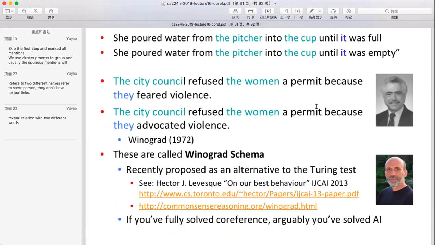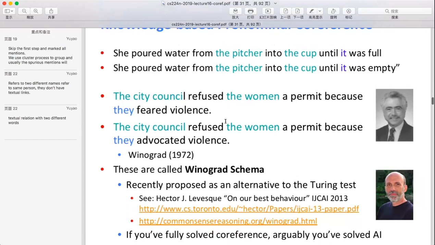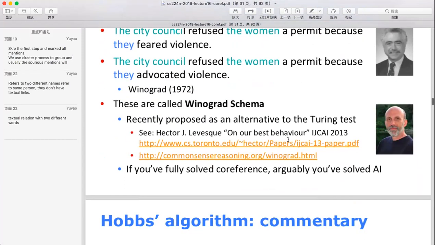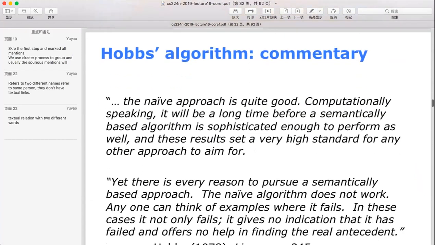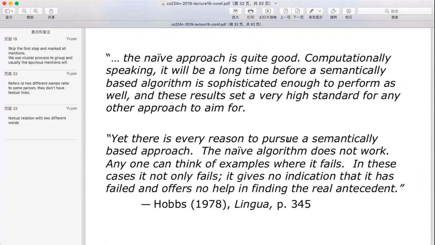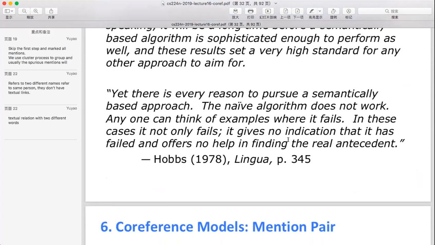Then deep learning will find out, in this kind of very similar sentences, how the machine can identify the antecedent. That's the current research and the current result for processing this kind of sentence. So the comment is that the Hobbs algorithm did work for some sentences, but it's kind of naive for processing some knowledge-based sentences.